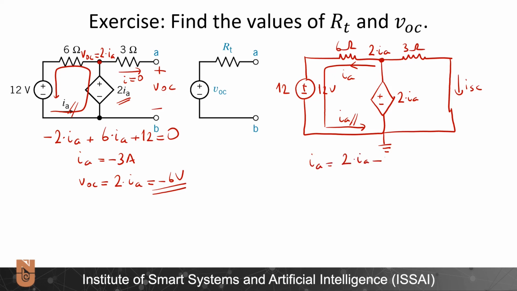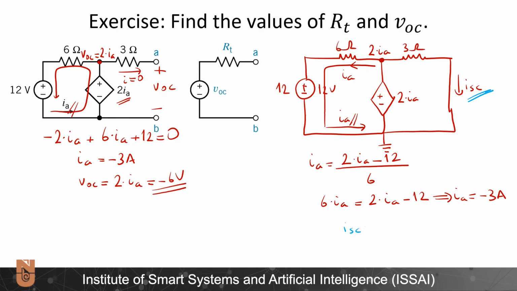Now, I can find the value of this IA as (2IA minus 12) divided by 6, and accordingly 6IA is equal to 2IA minus 12. From here I find IA is equal to, if I am not wrong, minus 3 amps. But I am interested in finding I short circuit.